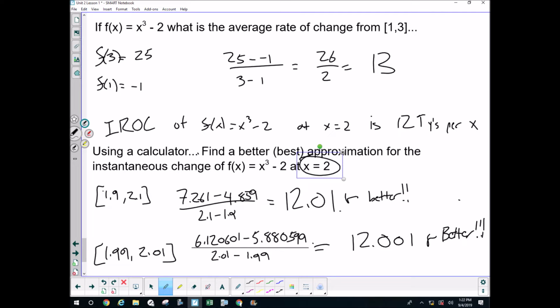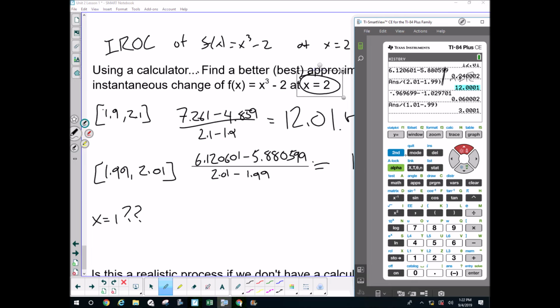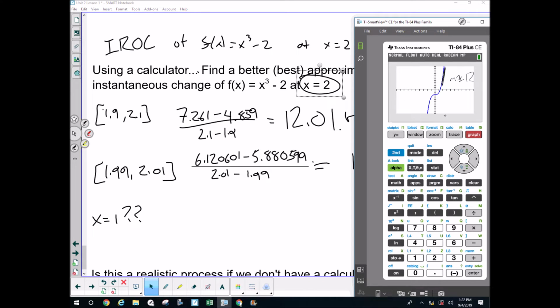Let's quickly do this, and I'd like you guys to try this. Using your calculator, find how quickly the function is changing at x equals 1. Okay, and check your slope approximation with a neighbor. Maybe they went closer than you did. Now, if I look at my function, let's go back into the graph.